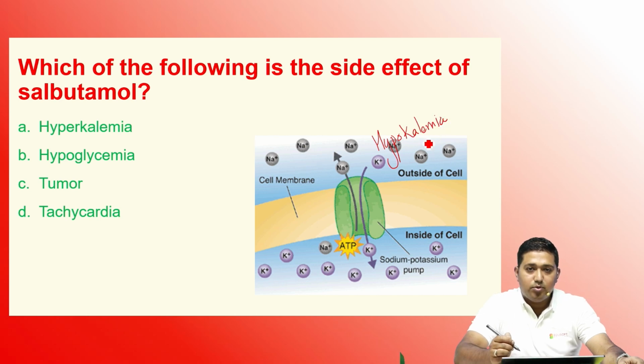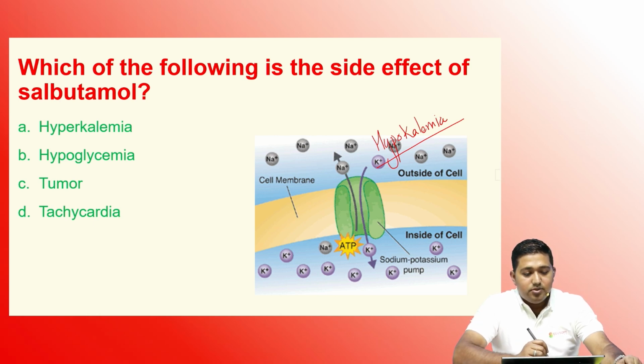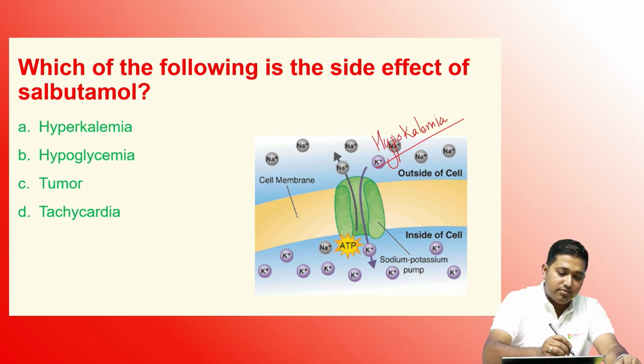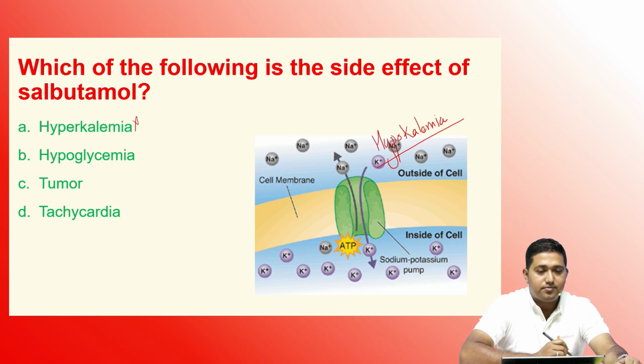This side effect is important when you are using salbutamol for premature labor at a high dose. In addition, salbutamol is also used for the treatment of hyperkalemia. So it is obvious that salbutamol causes hypokalemia and not hyperkalemia. So this is not our answer.